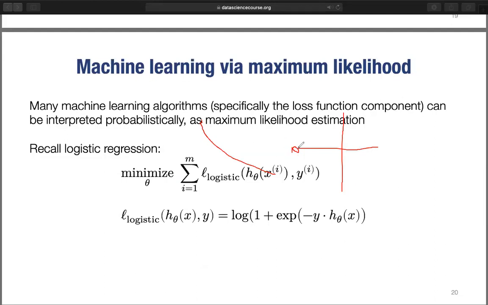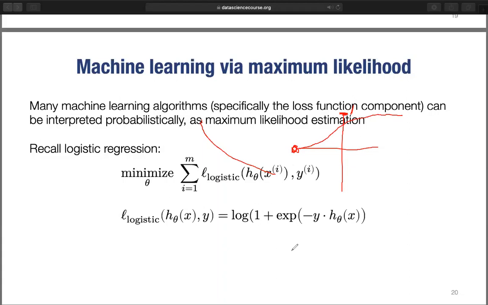This is 0, and this is 1, going up and then flattening at 1. So this is what you would have instead. And the idea that governs this whole logistic regression is still your maximum likelihood estimation.